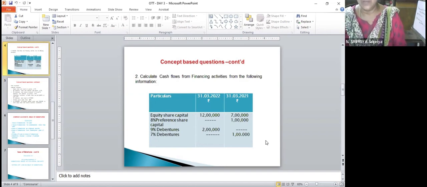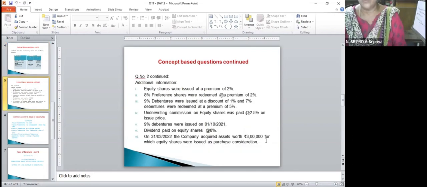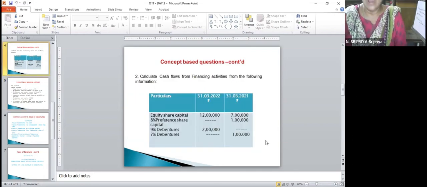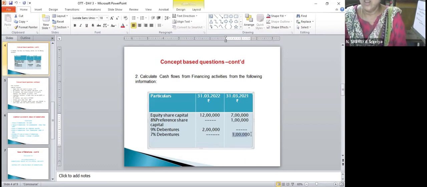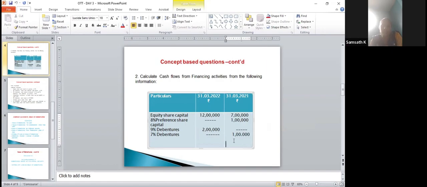And these 9% debentures, you are given that they are issued on 1/10/2021. So on 1 lakh, you will calculate 7% interest. This is for this portion. On 1 lakh, you will calculate 7% interest, and this is for 1 year. Then for 2 lakh, you will calculate interest at 9% for 6 months. That we should be very, very careful about.